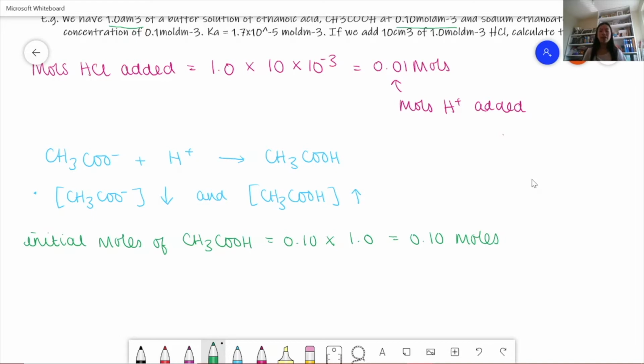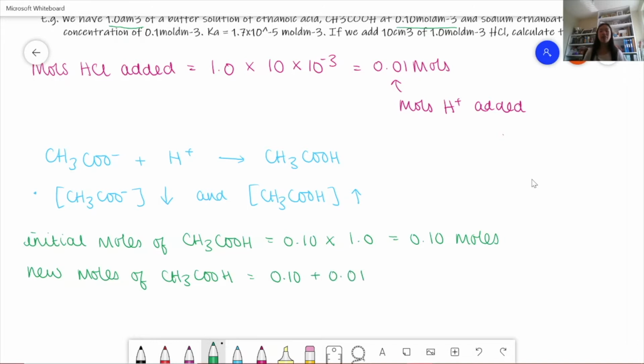And now we look at the stuff in blue. So we've worked out that the concentration of ethanoic acid should increase from start to finish by adding this acid. And so that means that the new moles of ethanoic acid will be bigger than the initial moles of ethanoic acid. And so we can work out the new moles of ethanoic acid by taking the initial, so 0.10, and adding on the moles of H plus added.